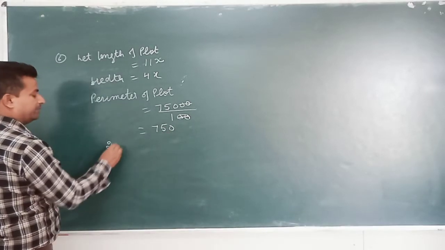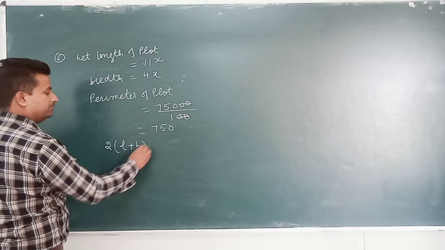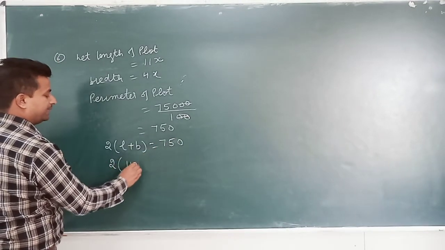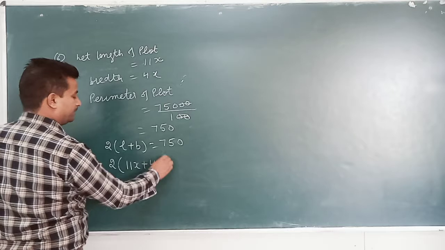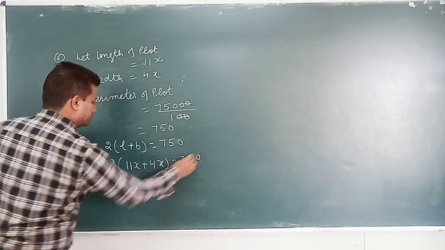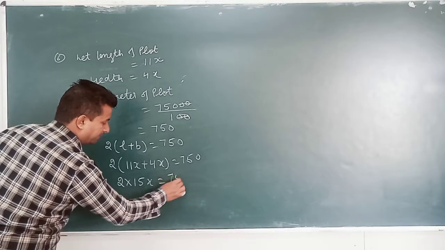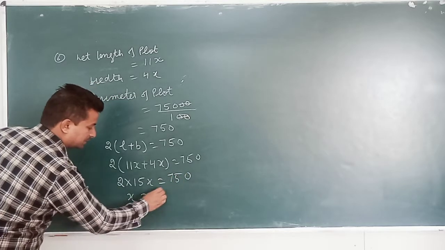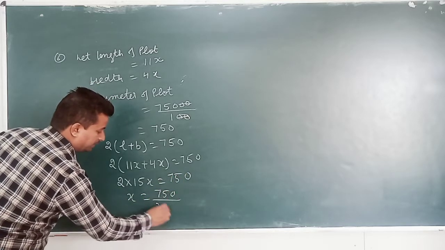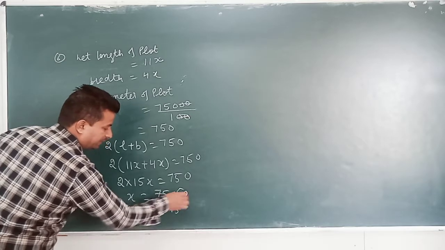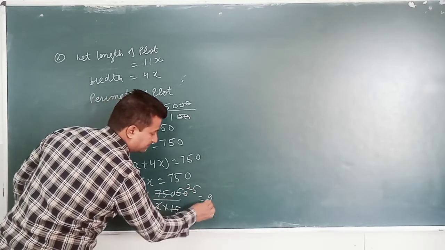So the perimeter of a rectangle is 2 into (L plus B), 750. This is 2 into (11x plus 4x), 750. So 11 plus 4 is 15. So x is 750 divided by 2 into 15, which is 25.